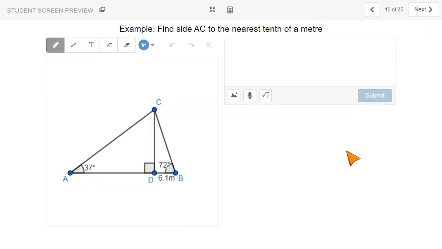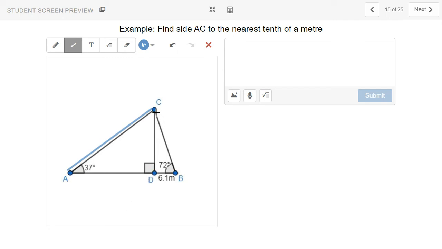Now we have another question similar to that. We need to use what else we're given in order to find what we're looking for. So find side AC. AC, oops, is this side here. We have two angles again, but this isn't helpful. Now, one thing I do know though is that CD is the common side.